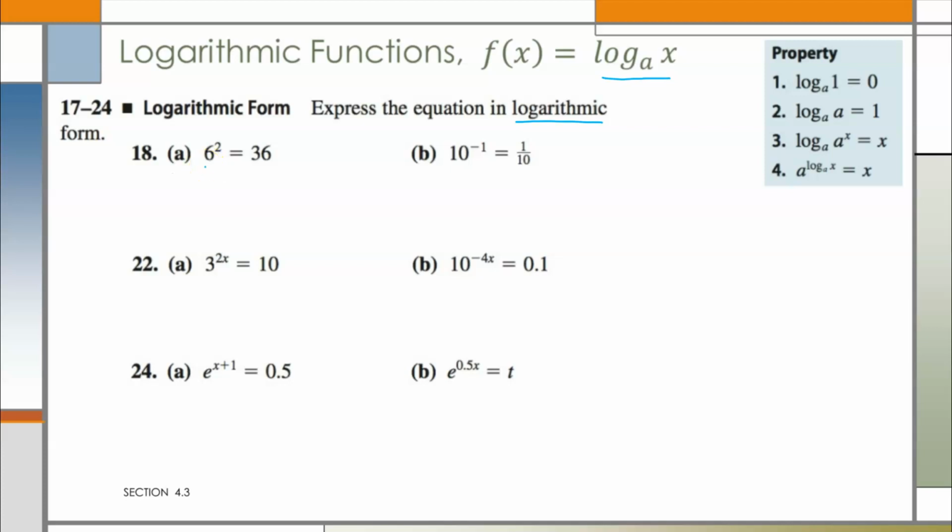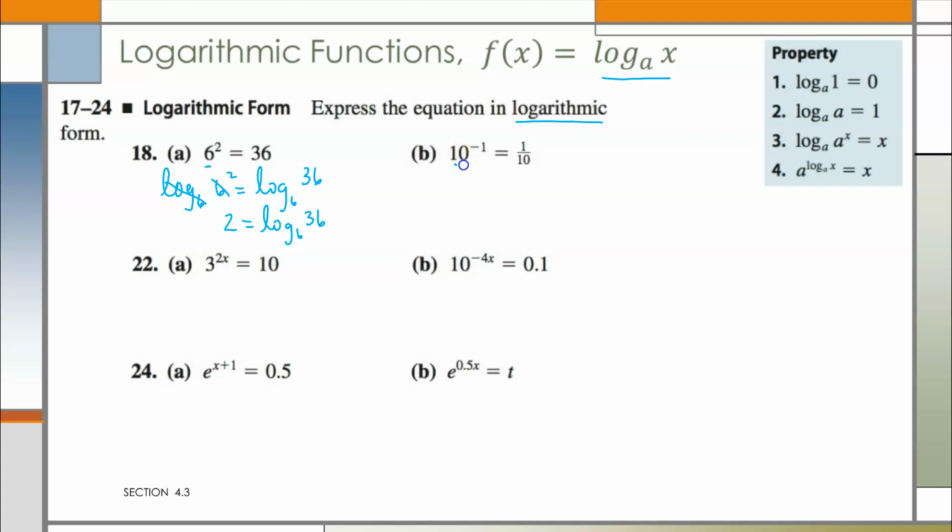If this is exponential base 6, then I want to log base 6 on both sides. These cancel out, so we'd end up with 2 equals log base 6 of 36. I have a logarithmic form.